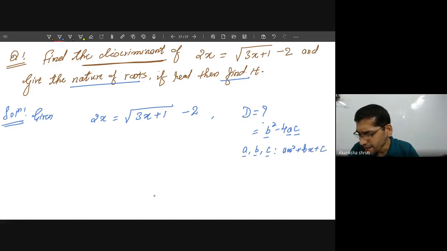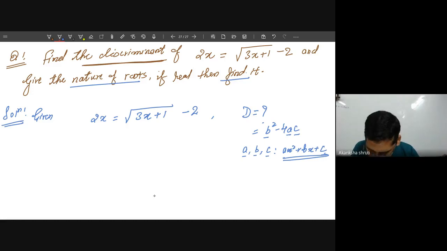So first we have to convert the equation into this form. But here, no square term. It seems there is no square term, but we told you in the first class that wherever there is a root, you have to get it removed by squaring. Wherever some x is in denominator, you have to rearrange it by cross multiplication and other methods to convert it into this quadratic form. So the first work is this.